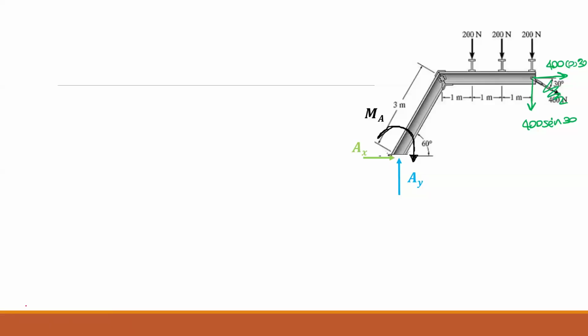Now you can consider all the forces in the x direction. We only have 2 forces, which are AX and 400 cos 30. So you can find AX.